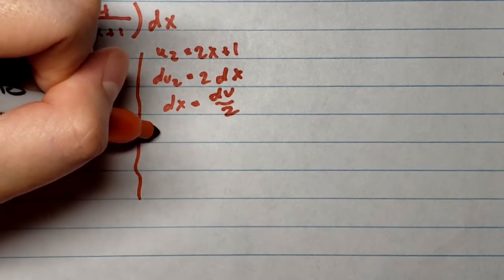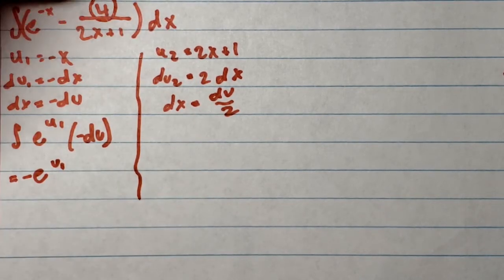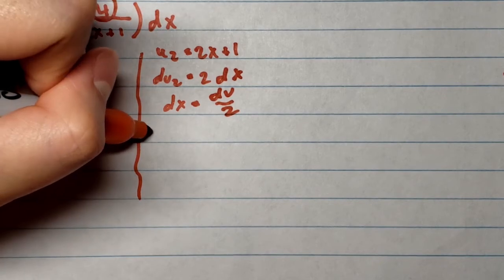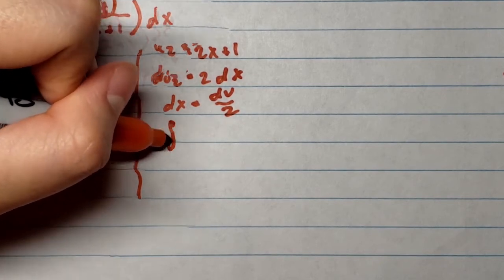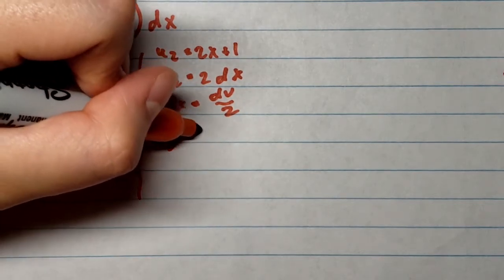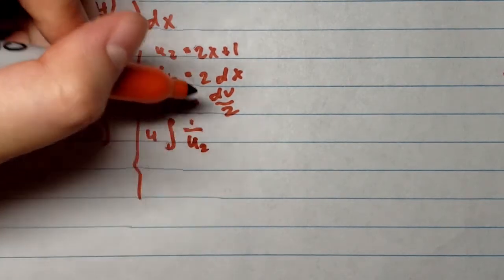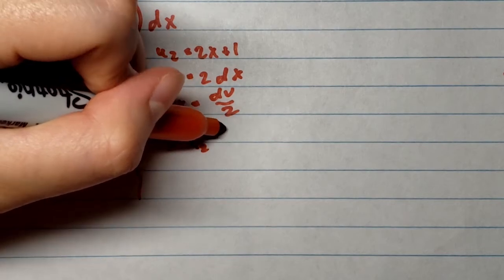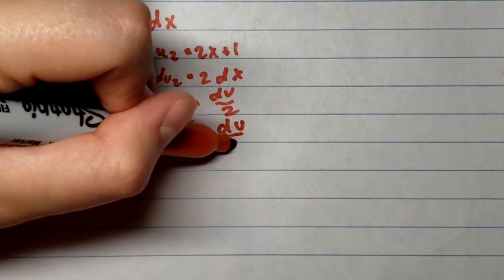And for the second term, you would take out the 4 since it's a constant, and then plug in du over 2 as dx.